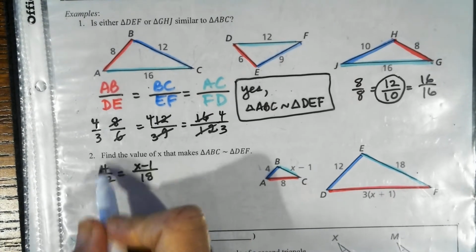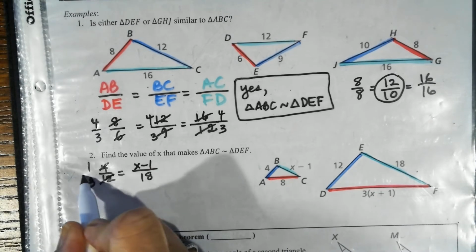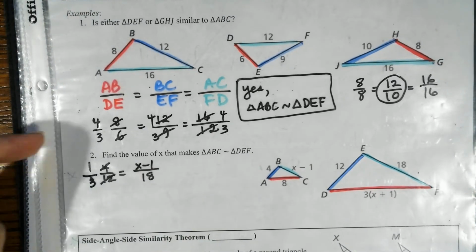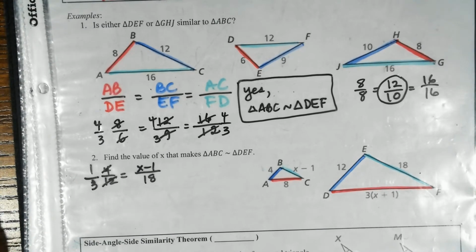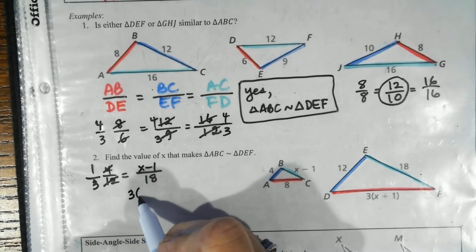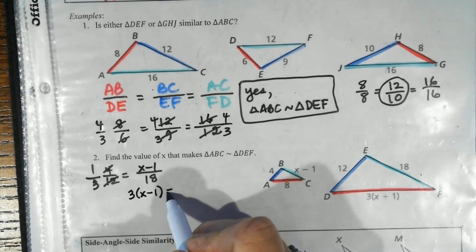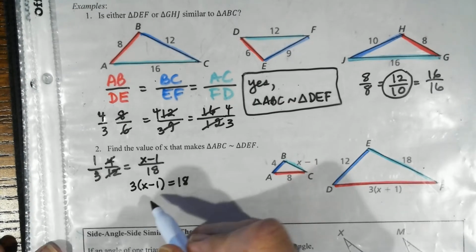So I can reduce these both by 4. You get 1/3. So 1 over 3 equals x minus 1 over 18. I can do my cross products, and then I divide both sides by 3.